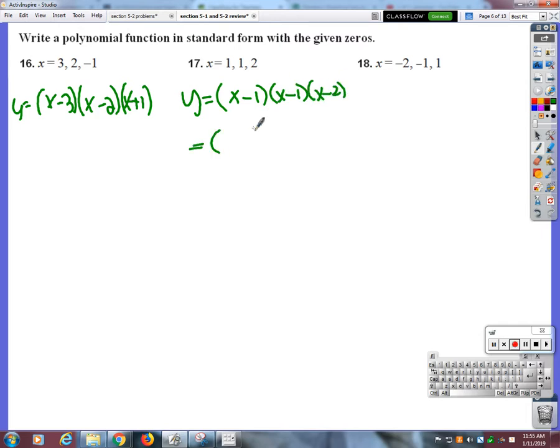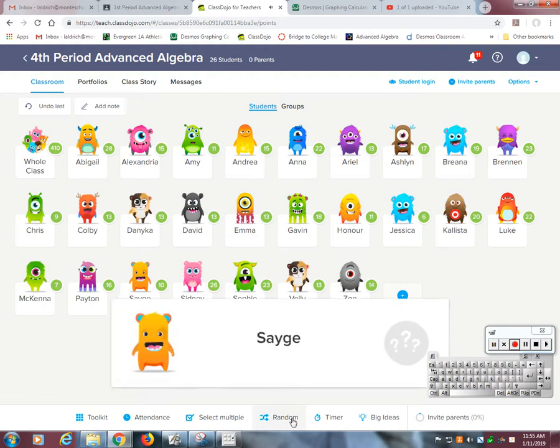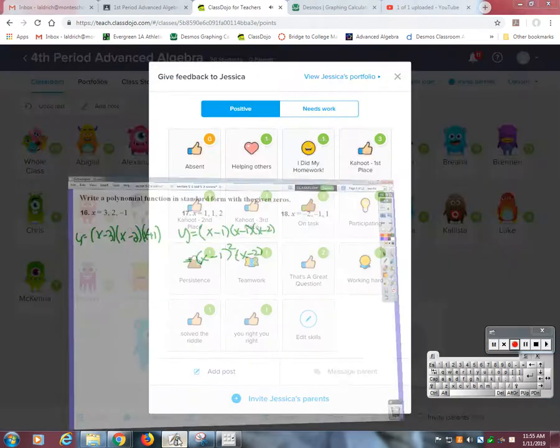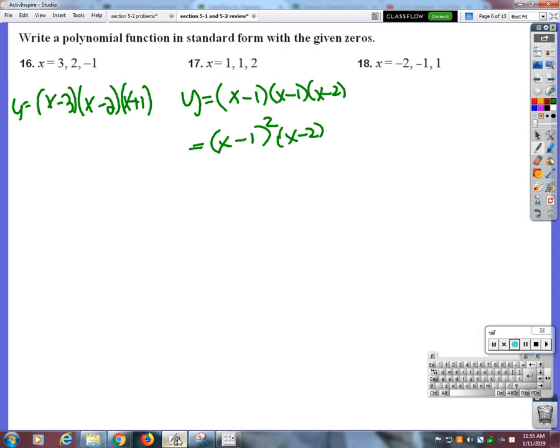Okay, so I could shorten that up a little bit into x minus 1 squared and then x minus 2. Okay, Jessica. Good. Okay, you guys good with those? Those are really easy.